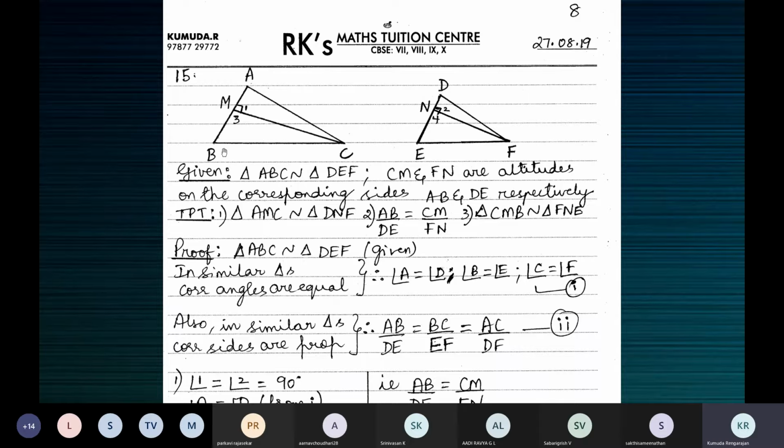Or you can even say AB and DE are the corresponding sides. So the altitudes on the corresponding sides are also the corresponding altitudes. You can find out if they are corresponding altitudes with respect to the corresponding sides or the corresponding vertices, corresponding angles.